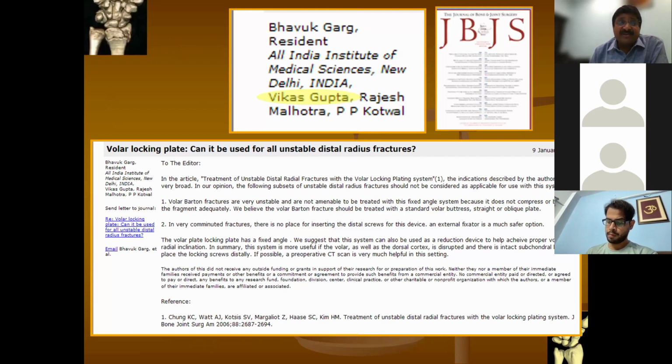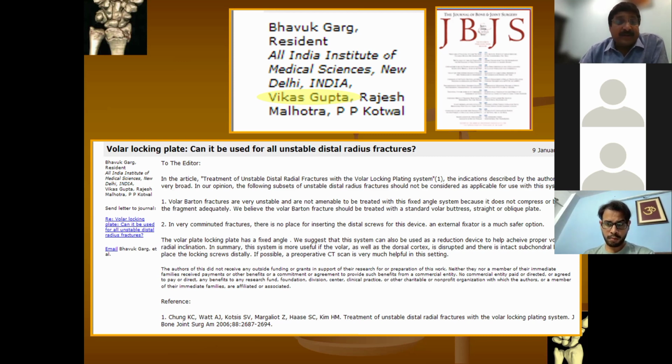This is one of our publications from 2006 or 2007, in which we talked about how, if it is a volar Barton fracture, pre-contoured locking plates are not a good implant choice. Either we should be using an Alice plate or straight plate, or if you are using pre-contoured locking plates, we should under-contour them.